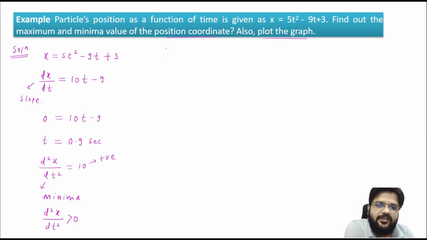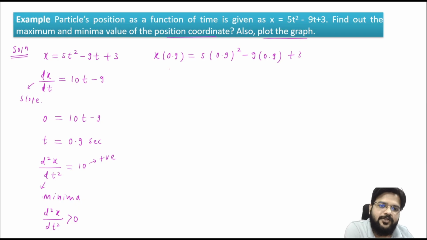We will find x also, everyone. For the x, what we can do is put the t value in this function. So we have x equal to 5t square minus 9t plus 3. Here we are putting time 0.9 second. So let's see what is the position of the particle at 0.9 second. So 5 times 0.9 square, minus 9 times 0.9, plus 3.